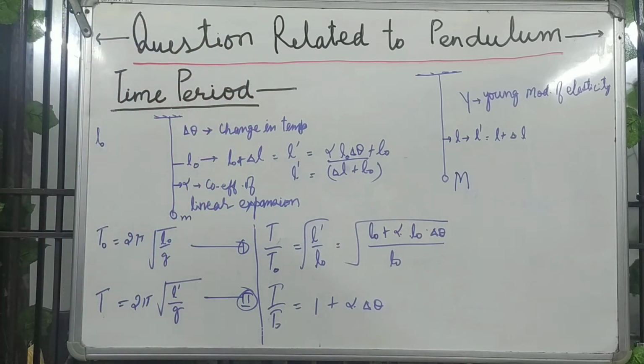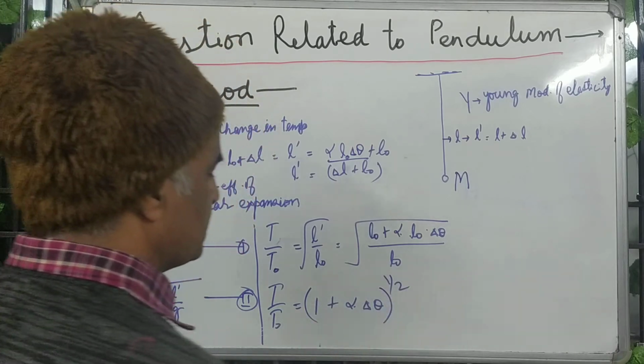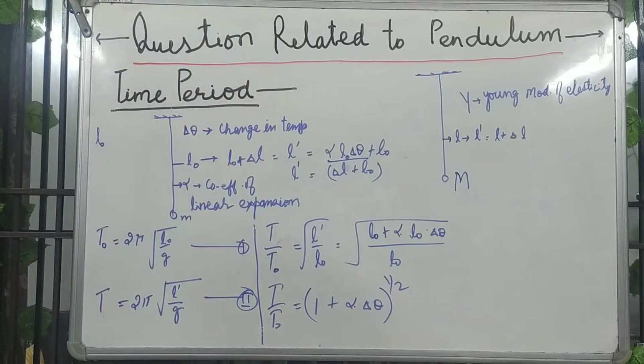Alpha delta theta, and this is in root power half. On further simplification, according to the binomial theorem, this is equal to 1 plus half alpha delta theta.